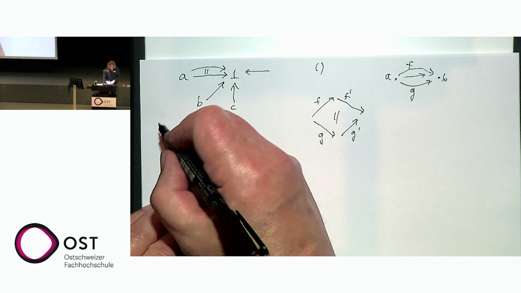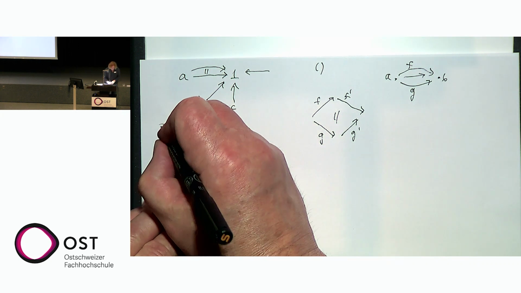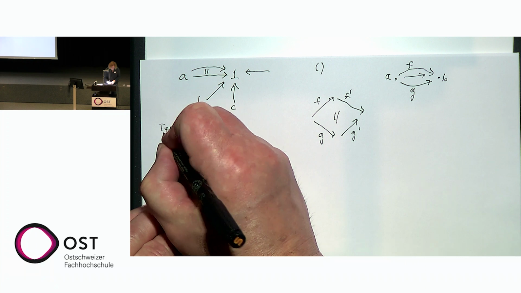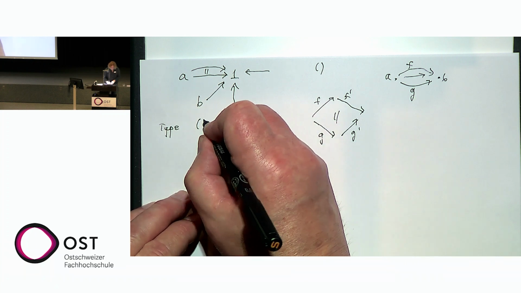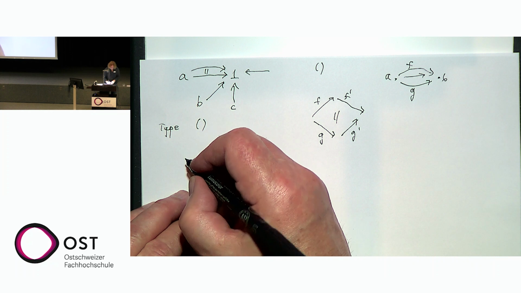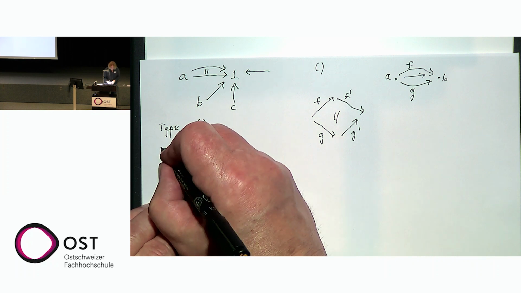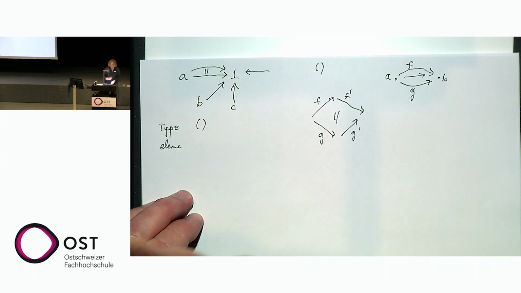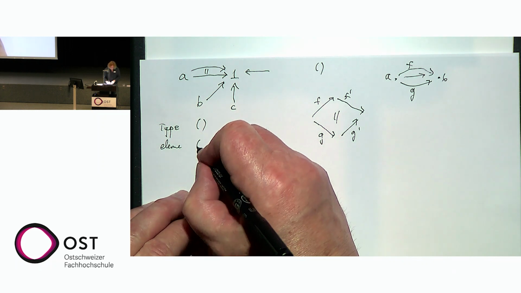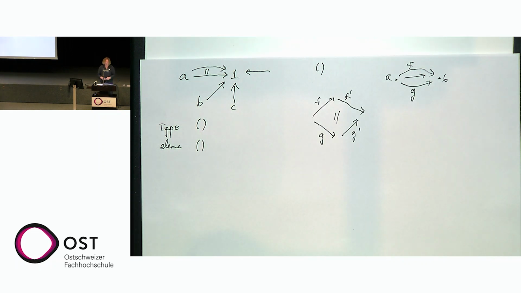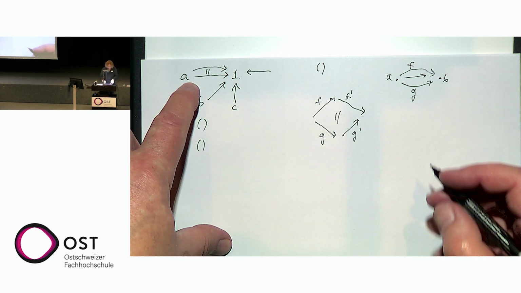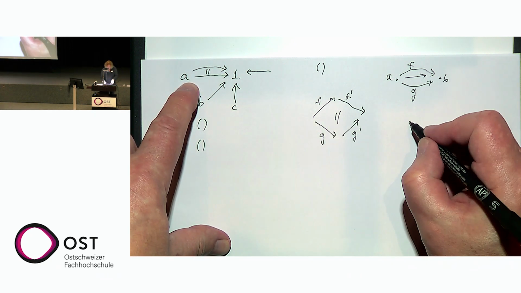Okay, so in Haskell, this as a type is called the unit type. There's only one element in this type, which is also called the empty tuple. And the function that goes from A, we'll define this function.